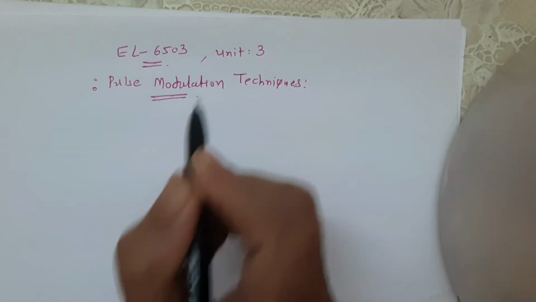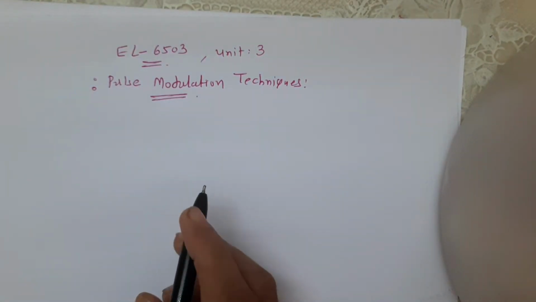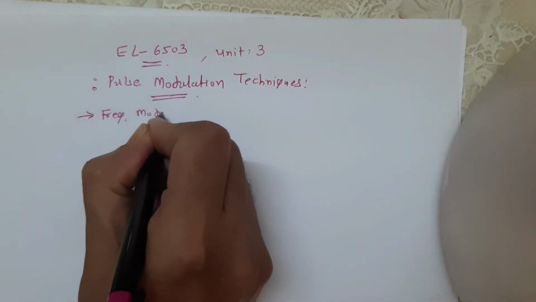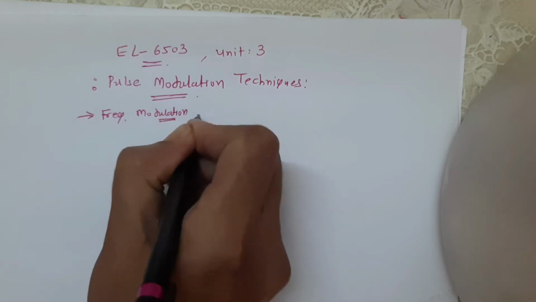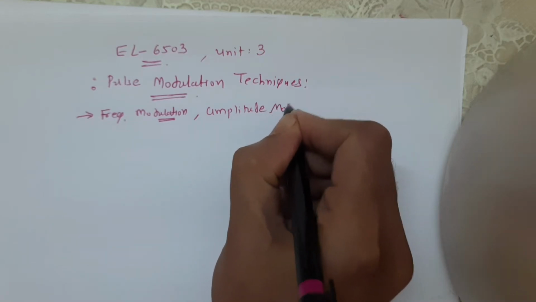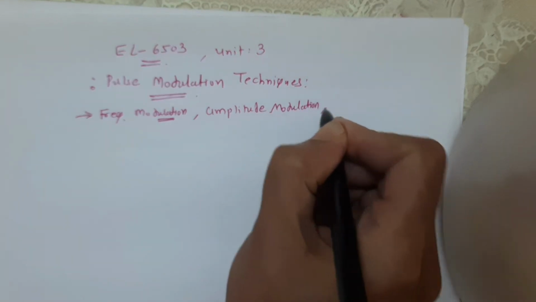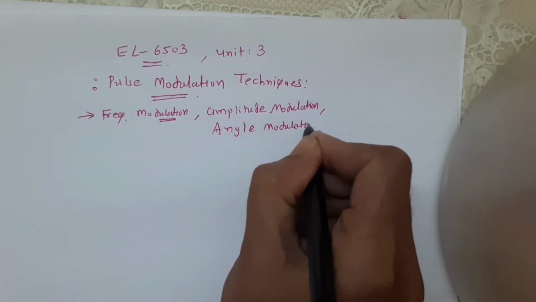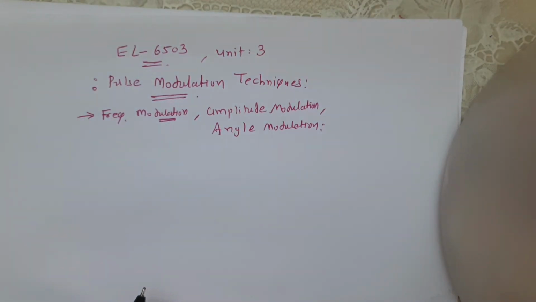Now we already discussed that we know there are frequency modulation, amplitude modulation, and also angle modulation. That means nothing but our phase modulation, right? In amplitude and angle modulation techniques, both of these employ a sine wave as a carrier signal.